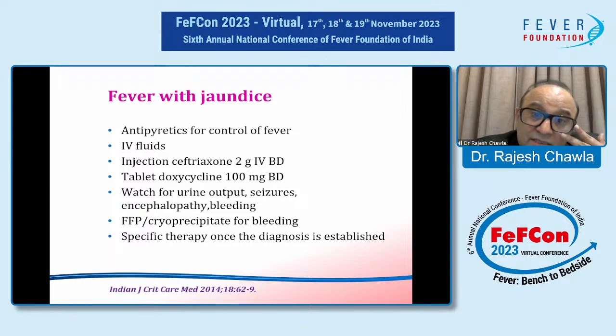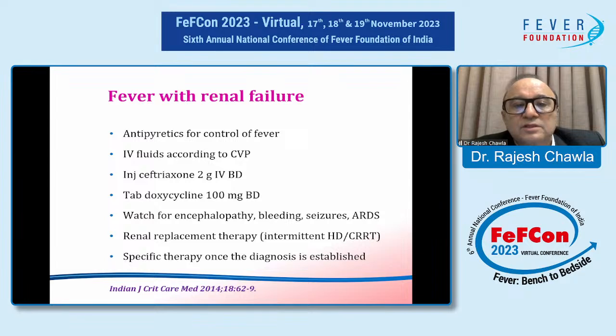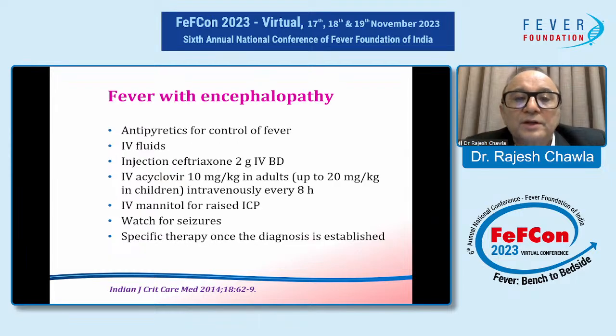Then fever with jaundice: you can give injection ceftriaxone and doxycycline, and watch for urine output, seizure, and encephalopathy. Depending on whether the patient requires blood products, you need to give the blood, and specific therapy once the diagnosis is established. With renal failure, again, you can give ceftriaxone and doxy, and watch for encephalopathy, bleeding, seizures, and renal replacement therapy if required in your patients.